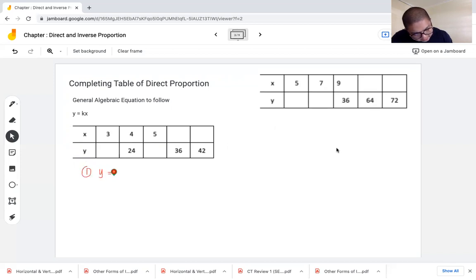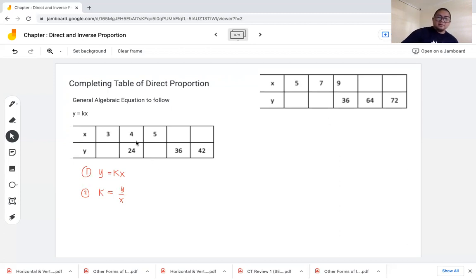Okay? So let's say, for example, if I'm going to use my way as y is equivalent to kx because x is directly proportional to y, then all I need to do is to understand that I am going to look for the value of k, which is equivalent to y over x. Now, in this case, what I need to do is to look for the column that has both the values for x and y.